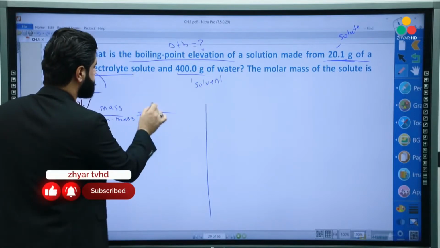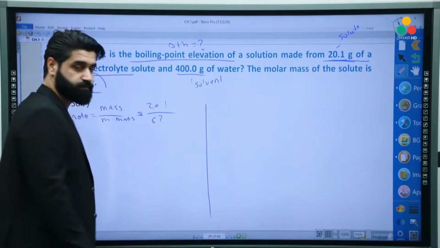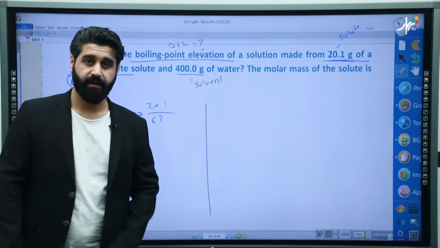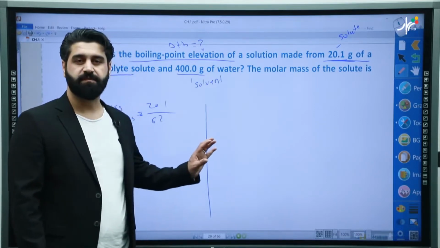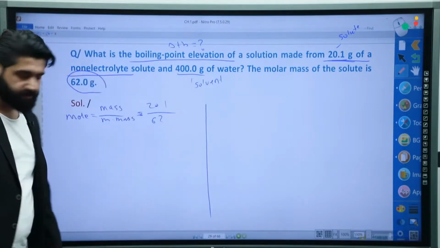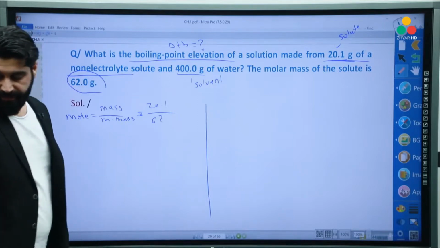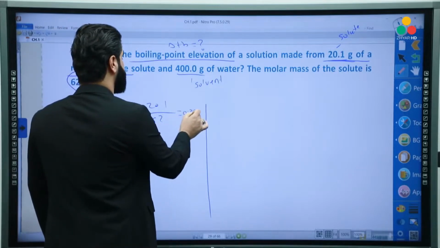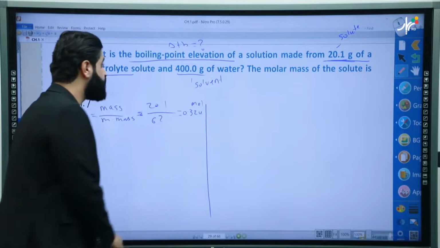Easy. Mass is 20.1 divided by 62. Because I'm bad at accounting, that's why I just wrote some results in my paper, so please don't mention this. Mole is equal to 0.324 mole. It's the number of mole.